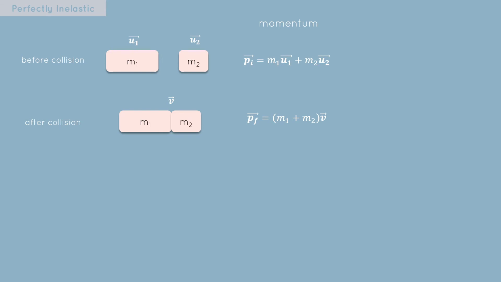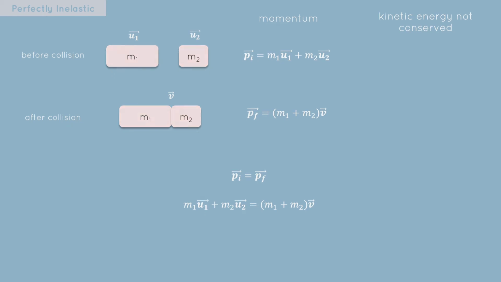We treat m1 plus m2 as one object since they coalesce. Using the conservation of momentum, we can just equate this to this. Take note that kinetic energy is not conserved for a perfectly inelastic collision, so do not try to equate the total initial kinetic energy and the total final kinetic energy.